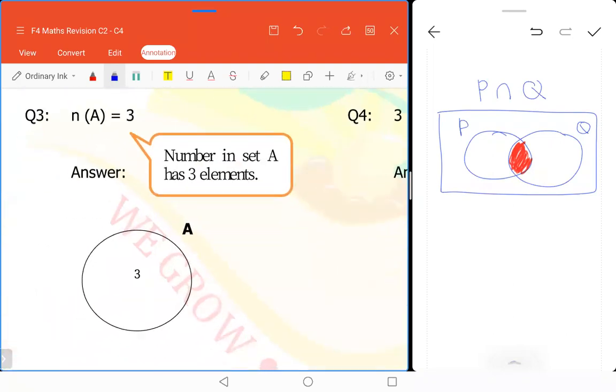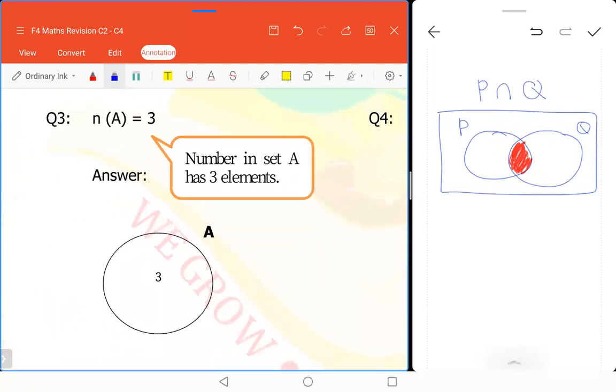Go to question 3. Number of elements in set A is equal to 3. So that means you have 3 elements. So when we label, we just write the number, put 3 there. So if you have a number inside the set, we know that is the number of elements.